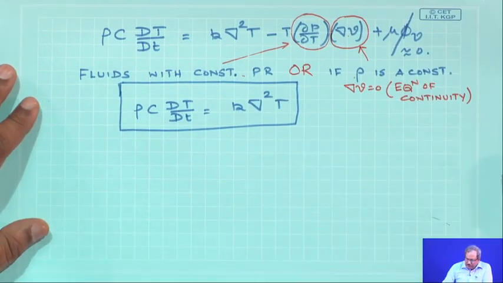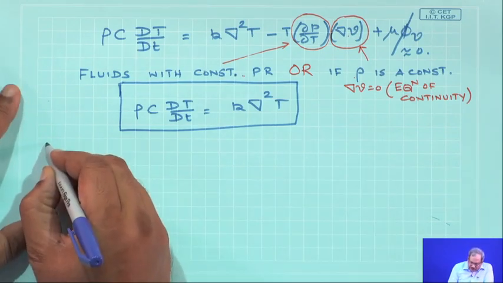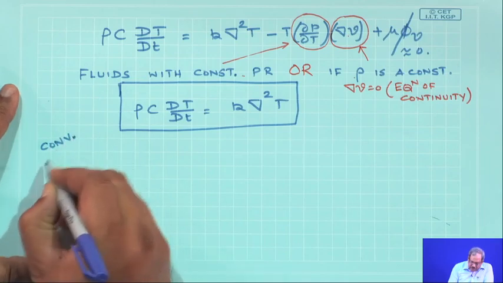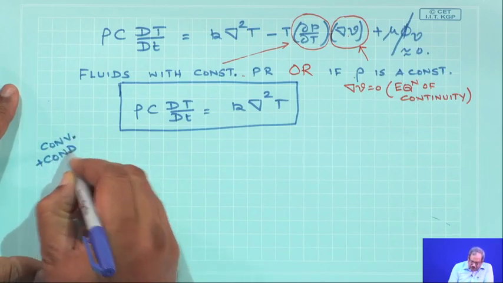Now, let us see what is going to happen if it's convection plus conduction, both are present.